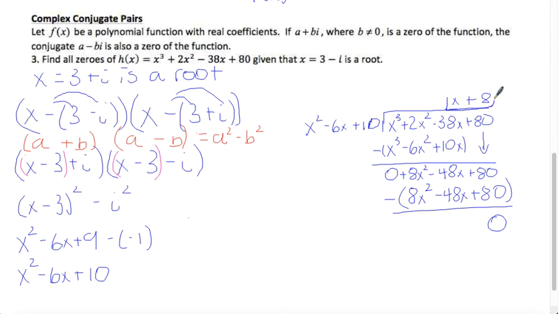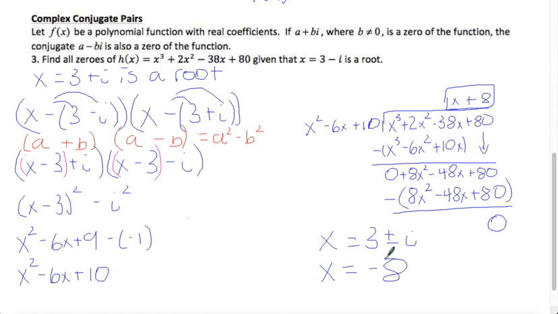And this is my final linear factor. So the three zeros of this function are x equals 3 plus or minus i, and x equals negative 8.